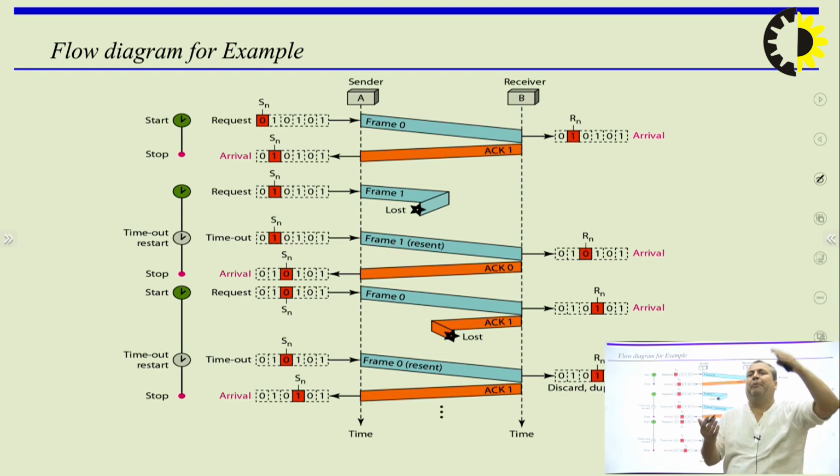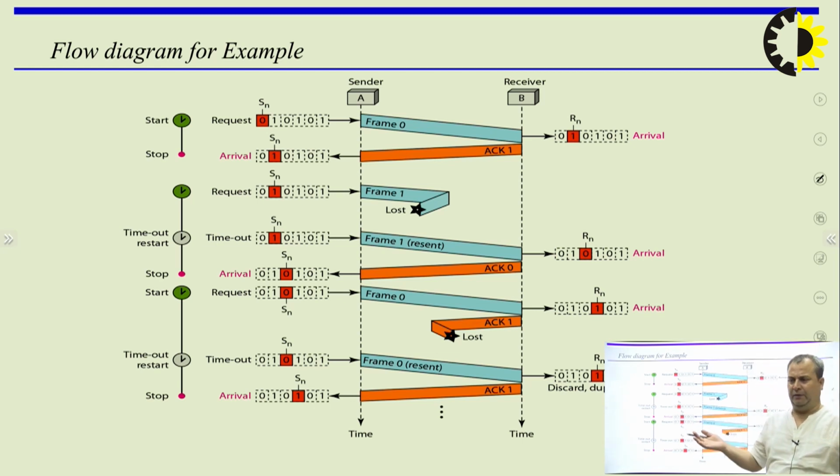Noisy means, practically, that a frame could be lost or an ACK could be lost, as already discussed. Say this is the first frame, frame 0. It is received, the frame has arrived, and ACK 1 is sent. We always number the ACK for the next frame, not ACK 0. ACK 1 means you can send the next frame.